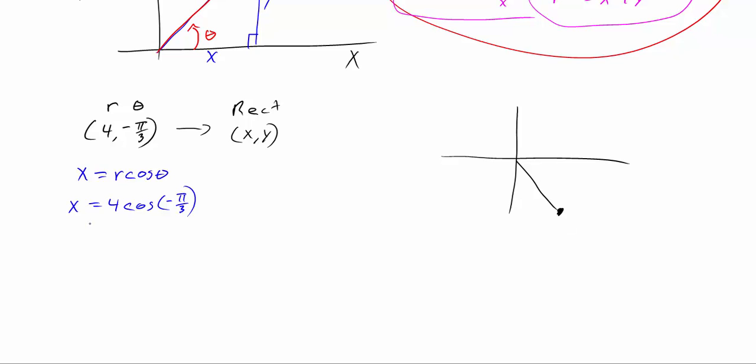So now, when we go to do this, we're going to get x is equal to 4 cosine negative pi over 3. Well, this point, if we think of the unit circle here, where is this going to be located?